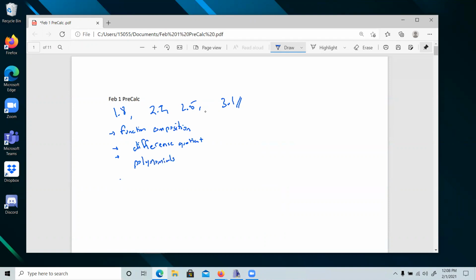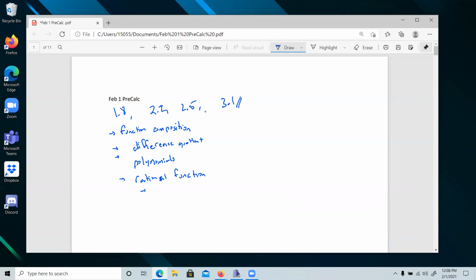Okay, 2.5, this was rational functions. That's huge, right? That's rational functions. And I pull them out of your Connect Math homework. So you will be prompted with what to do the same way you're prompted in Connect. So if they're telling you to graph, they'll tell you to find a horizontal and vertical asymptote.